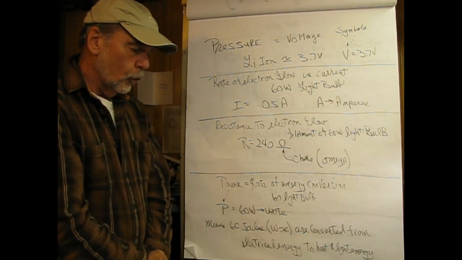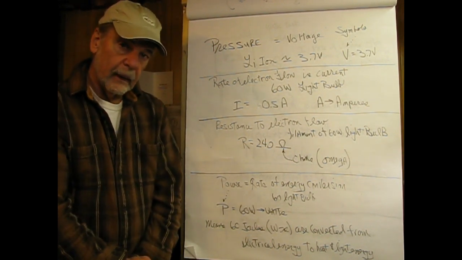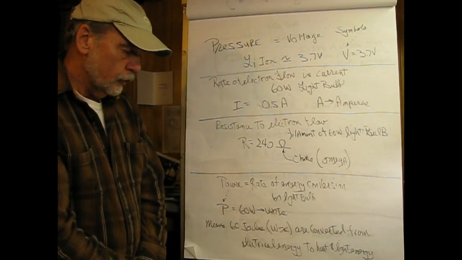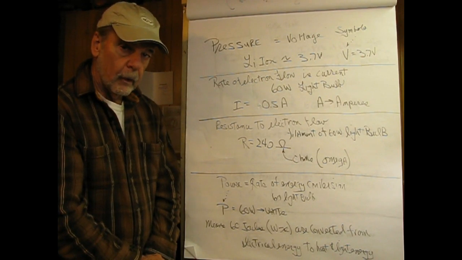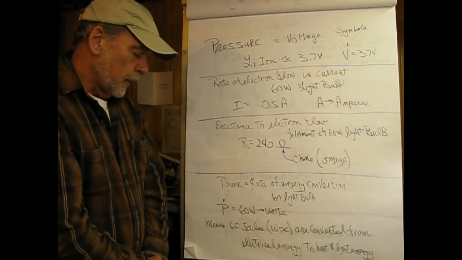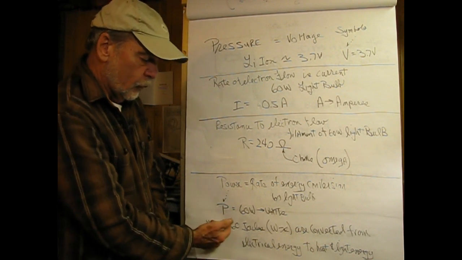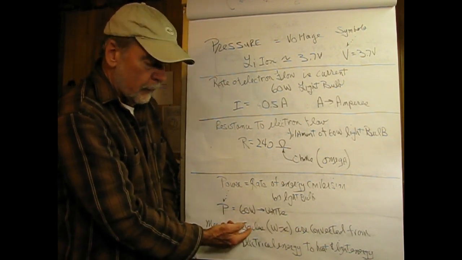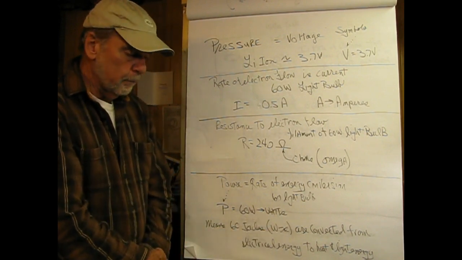And then finally what we have is power, and power is the rate at which energy is converted. In the case of a 60-watt light bulb, we could say that 60 watts would be 60 joules, and a joule is a watt times a second.